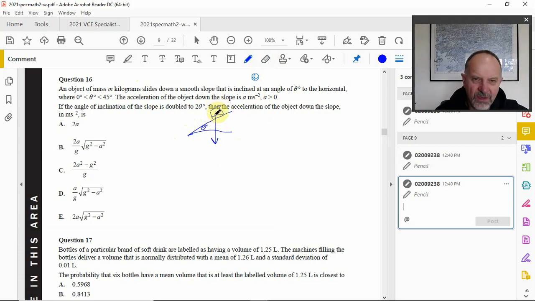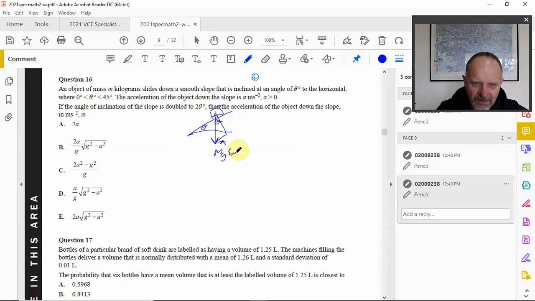So let's have a look and see from that. For this one here, that's theta up in there. That's mg sine theta, the force acting on it down the slope.